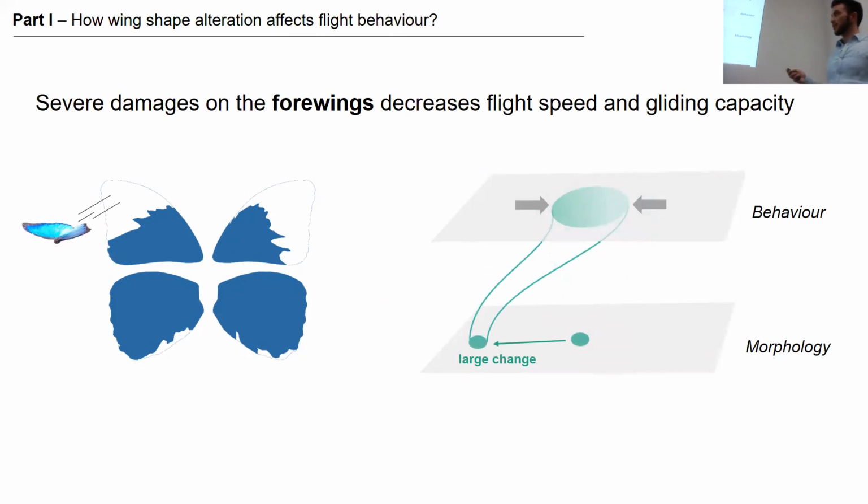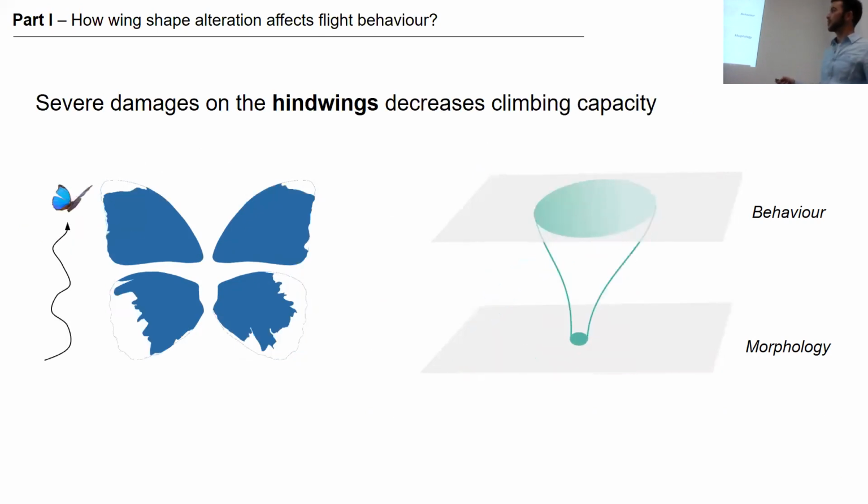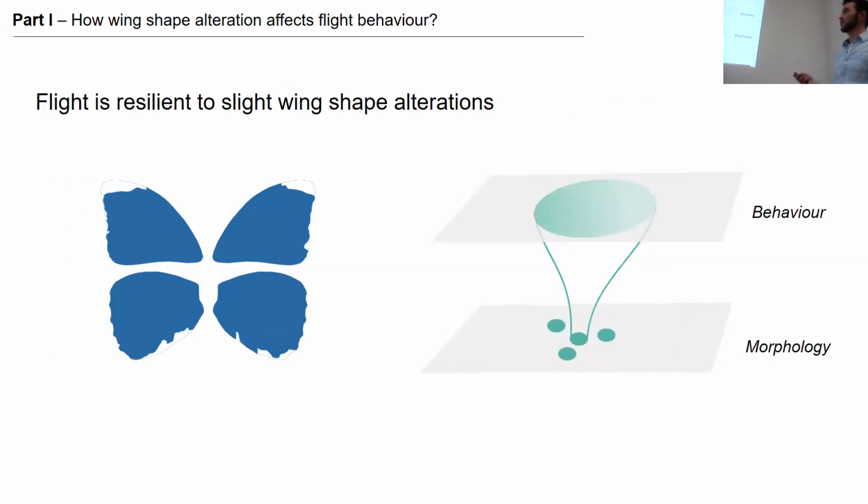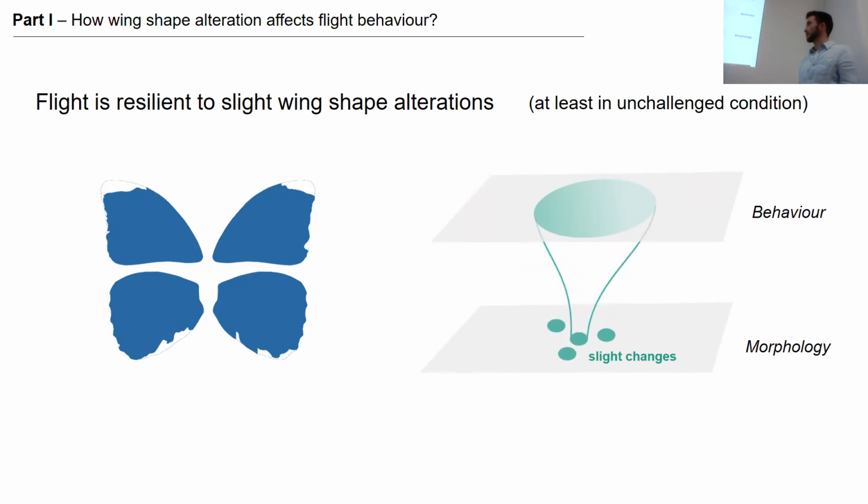And that other large changes, like those on the hindwings, decrease other aspects of flight behavior, like the ability to climb. However, my results also suggest that flight is resilient to slight wing shape alterations. So behavior can, to some degree, be adjusted, enabling to compensate for slight changes in wing shape. Well, at least this is what we see in the unchanged condition of my experiment.